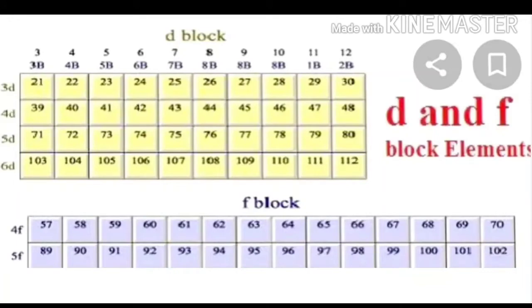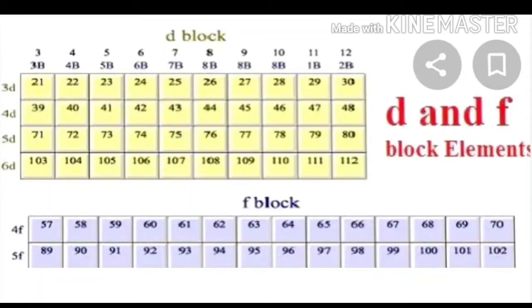Understood? Now D block elements are called transition elements because these elements lie in between S and P block elements, and their properties are also somewhere in between S and P block elements.